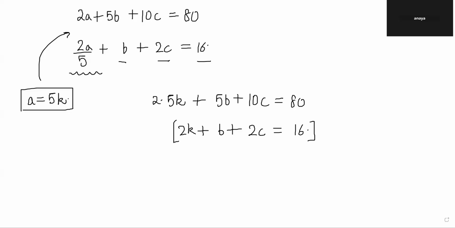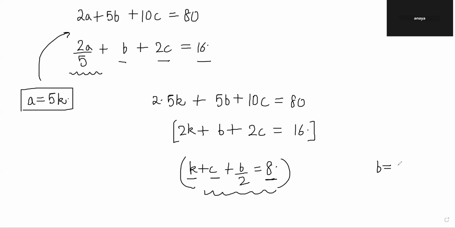Correct? Correct. Now divide by 2 here because that will give us k plus c plus b by 2 is equal to 8, right? Again, k and c and 8 are integers, so b by 2 must be an integer. So b should be equal to some 2 times p, right?